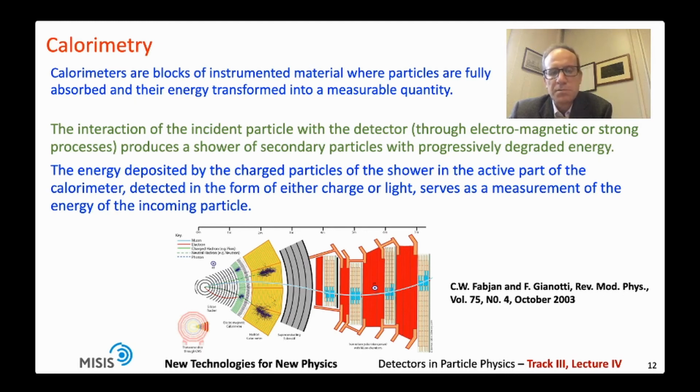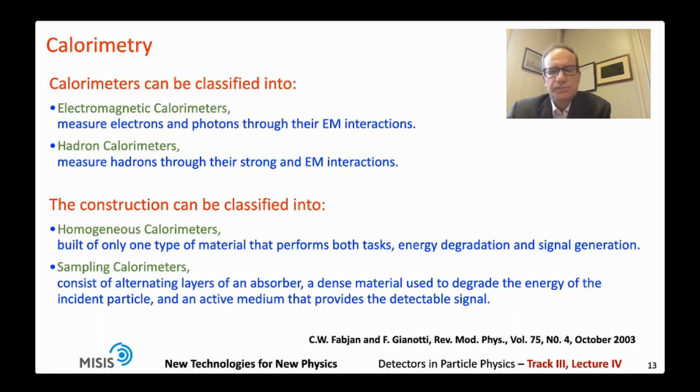The energy deposited by the charged particles in the active part of the calorimeter, detected in the form of either charge or light, provides a measurement of the energy of the incoming particles. The calorimeters can also be classified into electromagnetic calorimeters or hadronic calorimeters, whether they measure the energy of electrons and photons, or whether they measure the energy of hadrons.